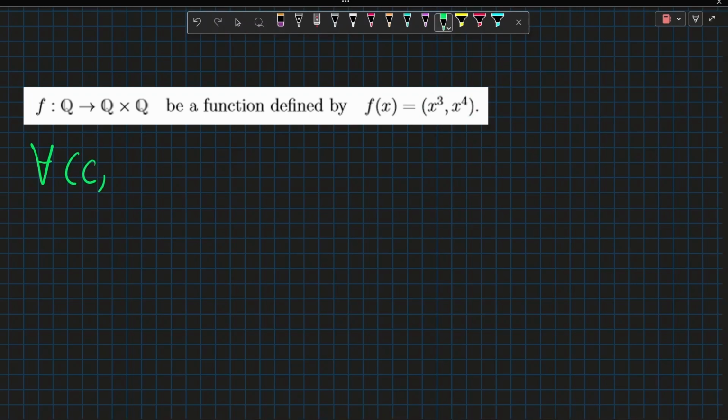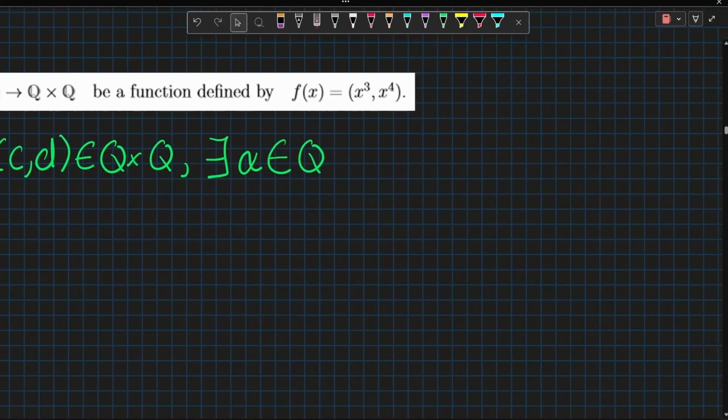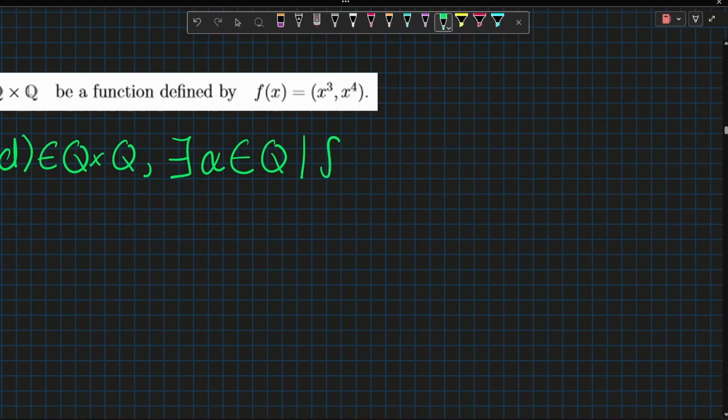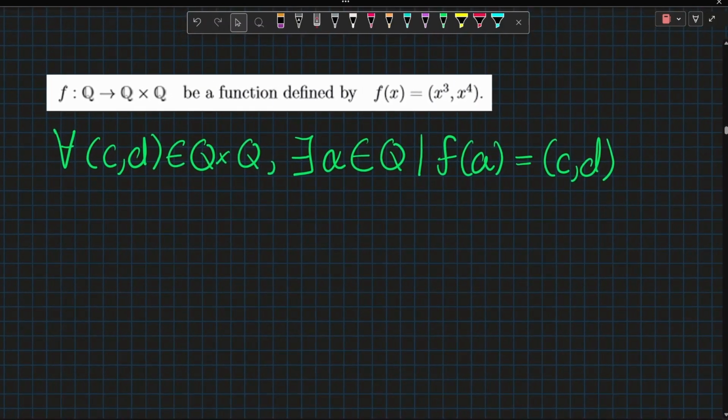We'll say (c, d) an element of Q cross Q. So for every output, there must exist some input, which we call alpha, of course an element of the input space, Q, such that f(alpha) is equal to the pair (c, d), right?